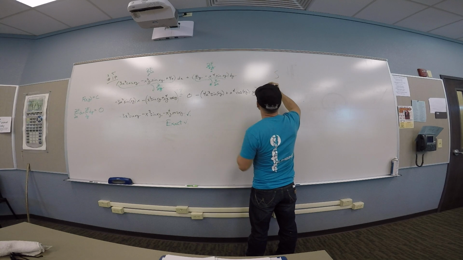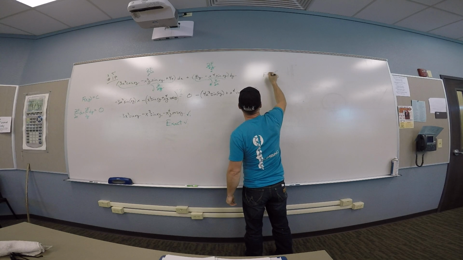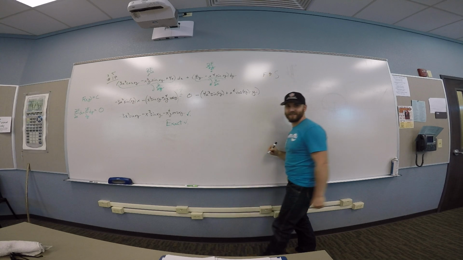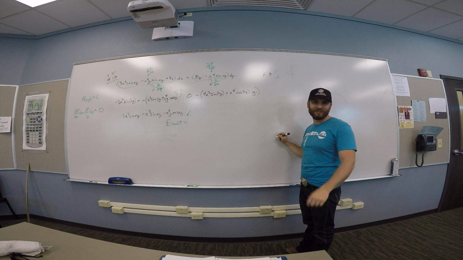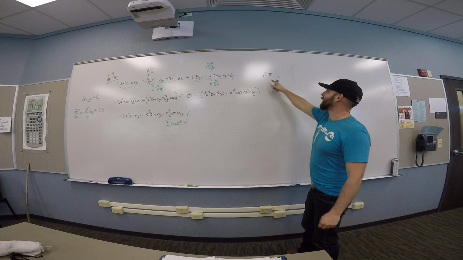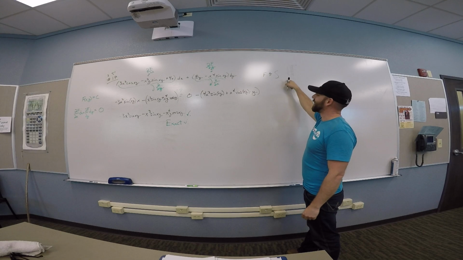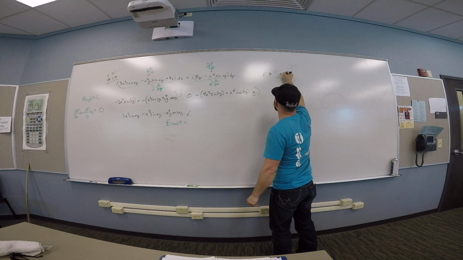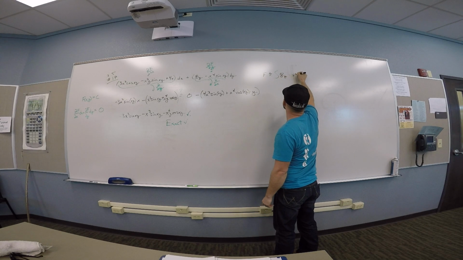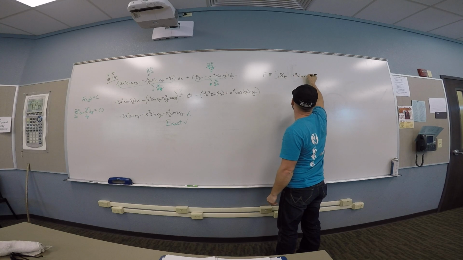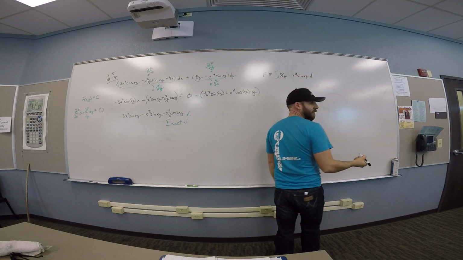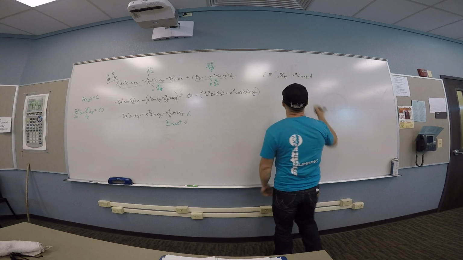So, I'm going to hypothesize, right, that F is basically the antiderivative of 8y minus x to the fourth sine xy with respect to y.